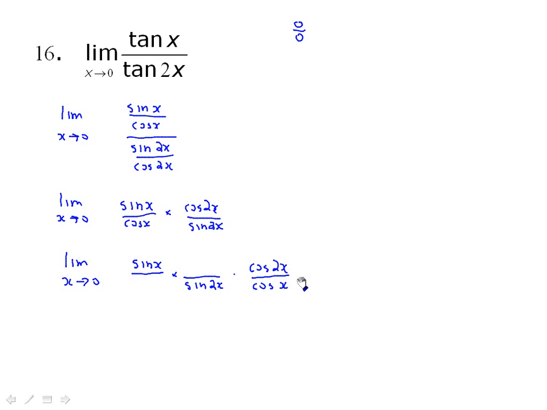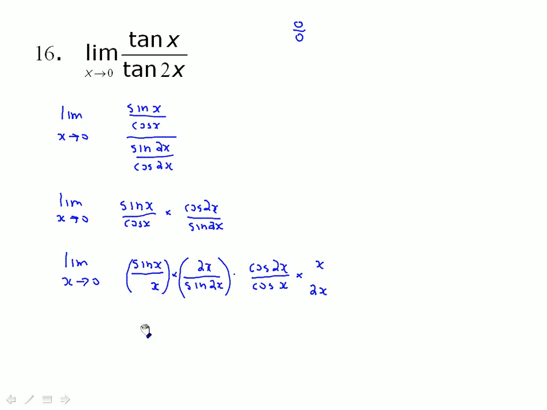So I'm going to keep them off to the side and just deal with the signs. And all I need to do now is introduce an x on the bottom to make this one go away, and then a 2x on top. Now, of course, in doing that, I need to balance it off by introducing an x on top and then a 2x on the bottom.